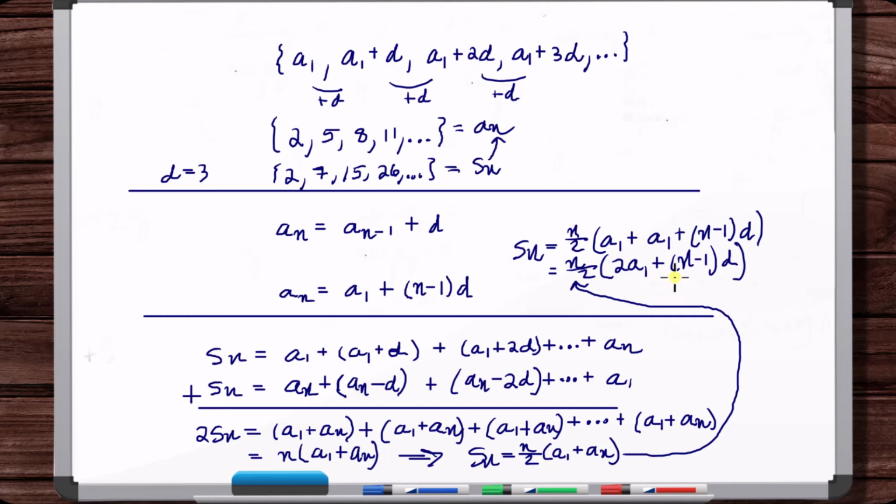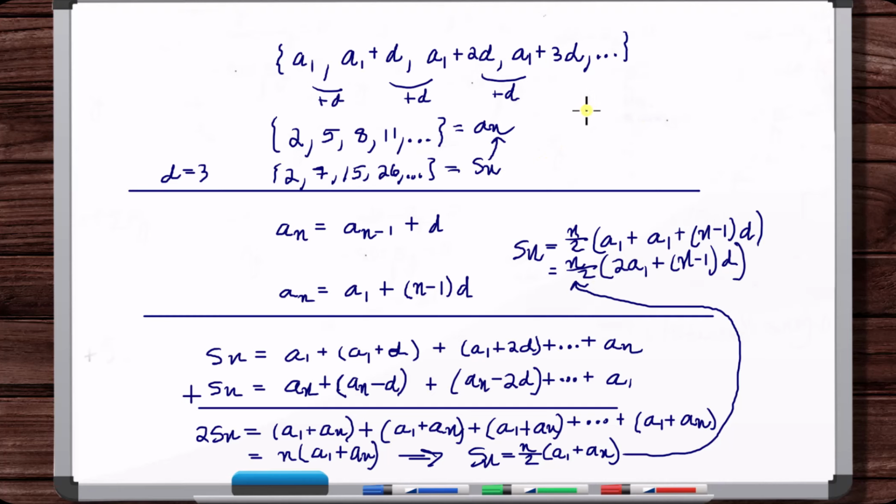And so if you have an arithmetic sequence, you're going to know the first term, right? You're going to know the common difference. So this is a little simpler to understand. You don't have to separately solve for the a sub n here. If you want, you can simplify this. You can distribute this n over 2 and make this look even cleaner.